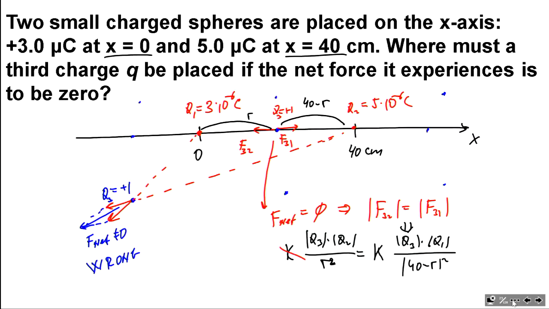By canceling the constant, by canceling the charge number 3, because it doesn't matter. So what's left now? Q2 over R squared is supposed to be equal to Q1 over 40 minus R squared.